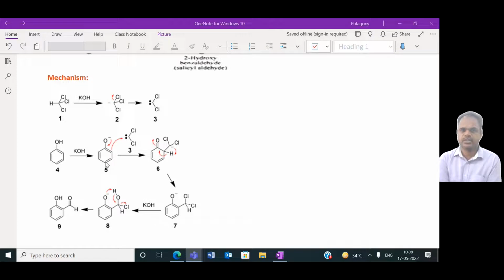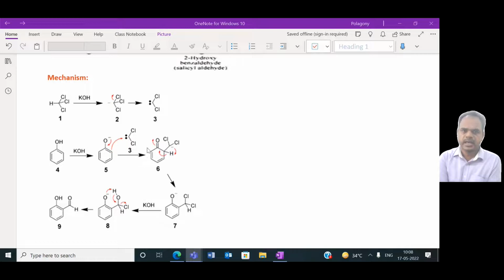If you take sodium hydroxide, sodium phenoxide is formed. This potassium phenoxide is highly reactive because of its strong nucleophilic nature, and the oxygen group on the benzene makes the ring a more nucleophilic center. Hence, it is more reactive toward attracting this carbene.